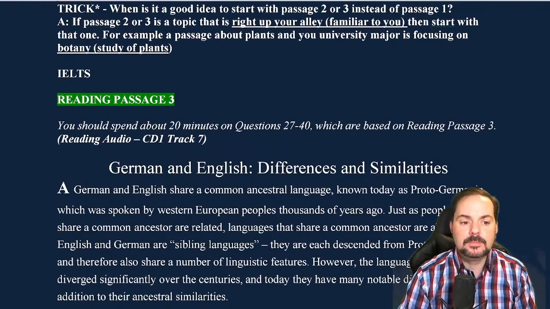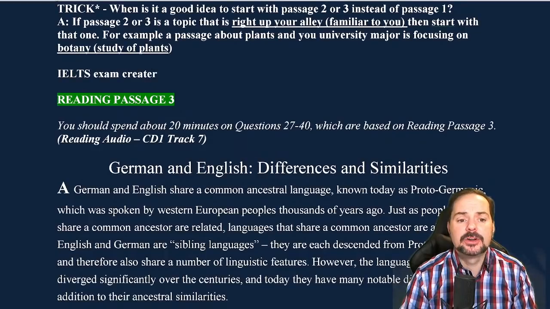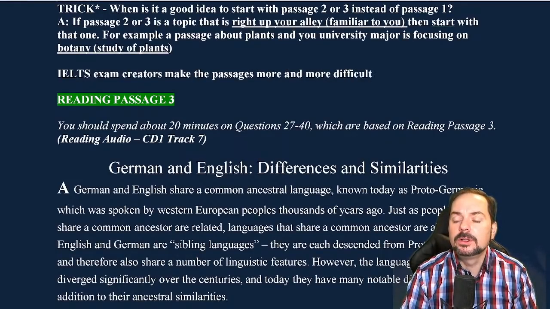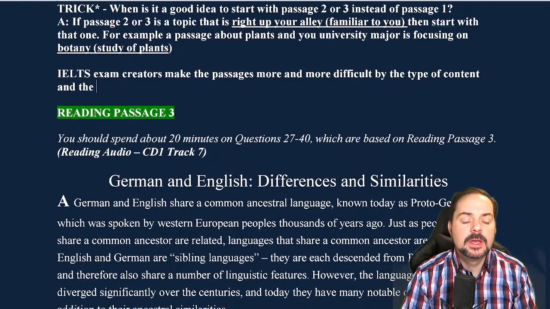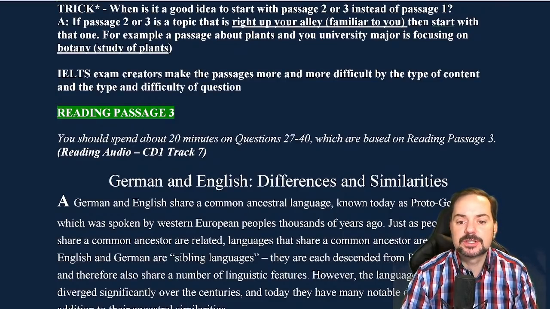IELTS exam creators make the passages more and more difficult by the type of content and the type and difficulty of questions.